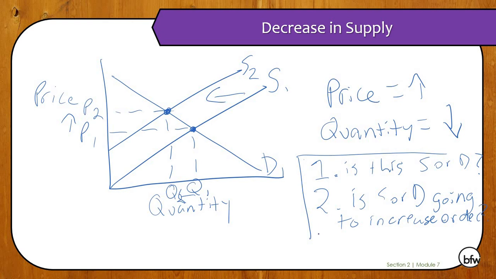Then you would analyze it. If we use the example of input prices going down, that's going to lead to an increase in supply, and so that means that there will be a shift right. However, if it's a decrease in something, then it would be a shift left, and you would draw it. All right, so that's what you have to think about as we're going through these problems here.